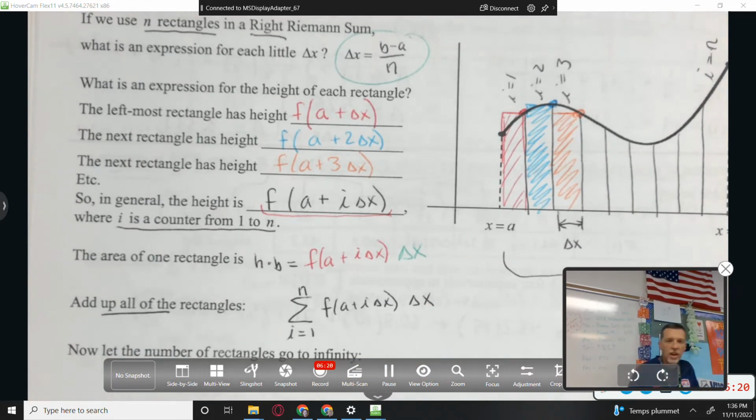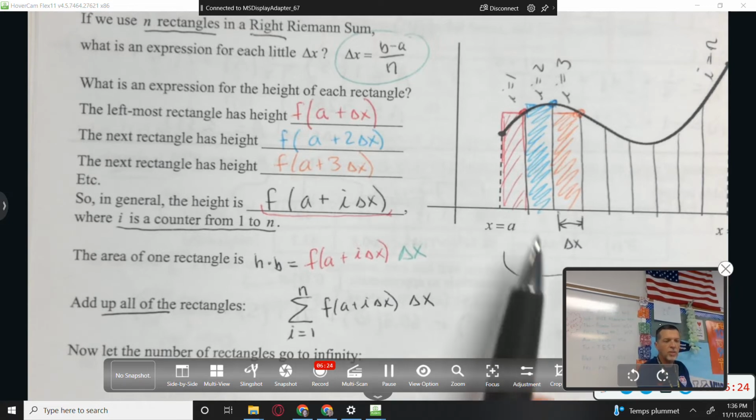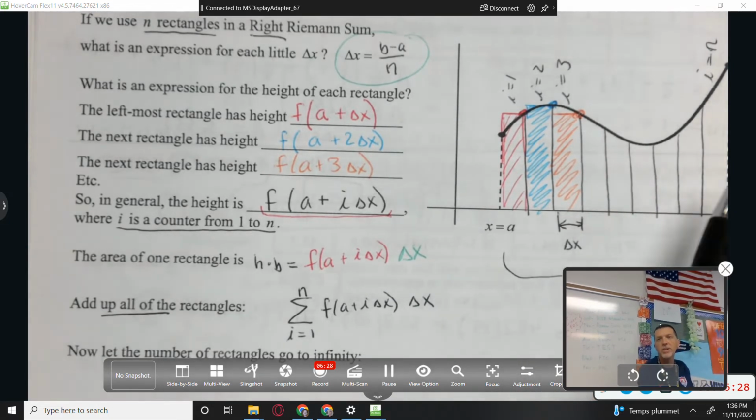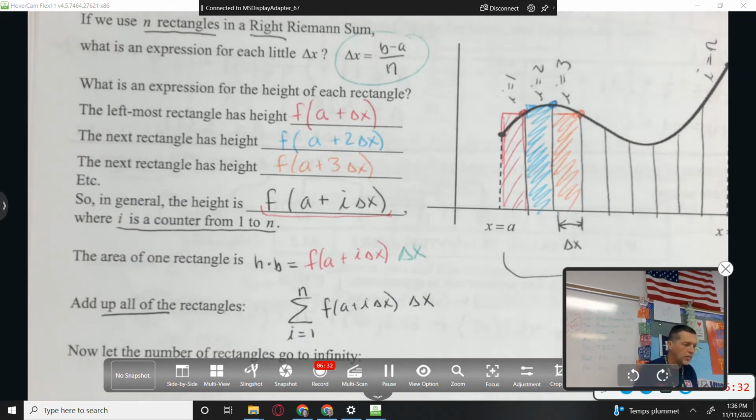So we're summing up all of the rectangles. So this means add the red one and the blue one and the orange one and the green one and the yellow one and the purple one and the pink one. All the way till you get to the end. Add them all up. Ad nauseam.